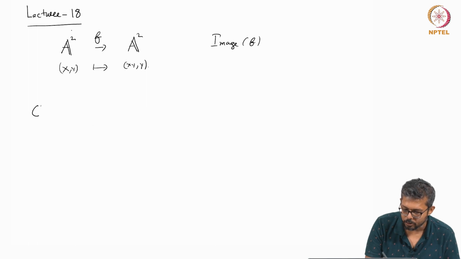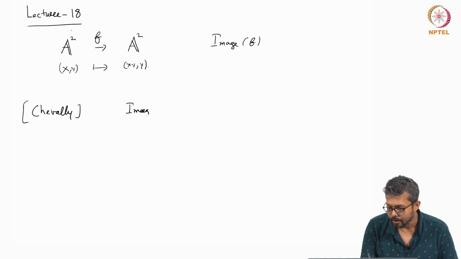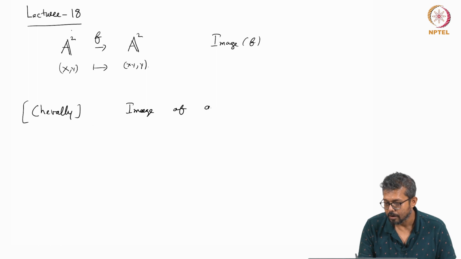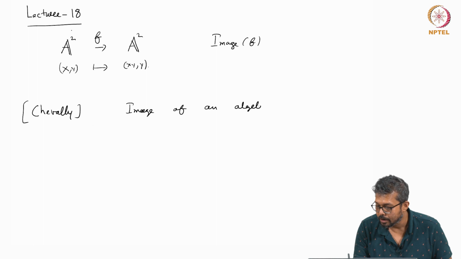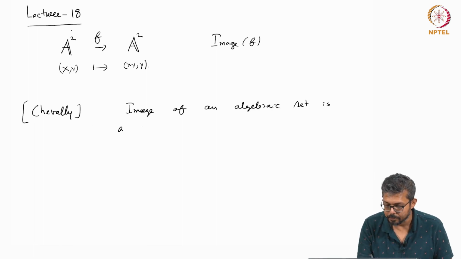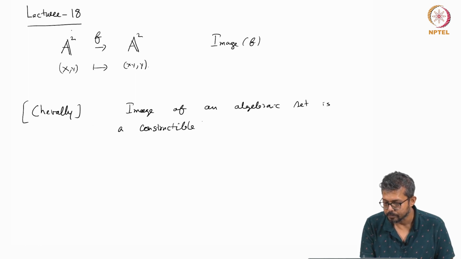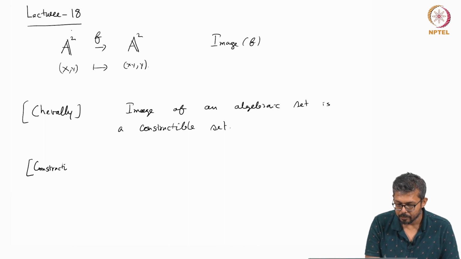I don't know if I will prove this theorem, but I just state it now: Chevalley's theorem says the image of an algebraic set is a constructible set. So what is a constructible set?